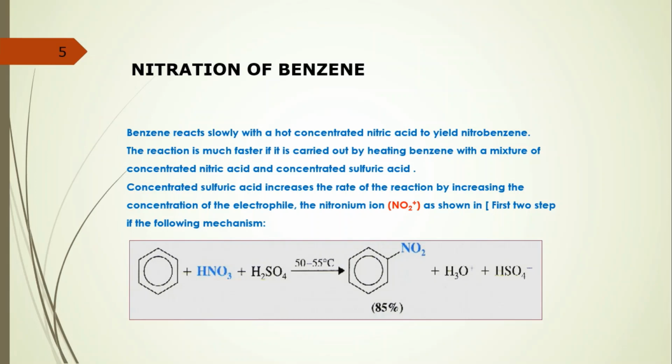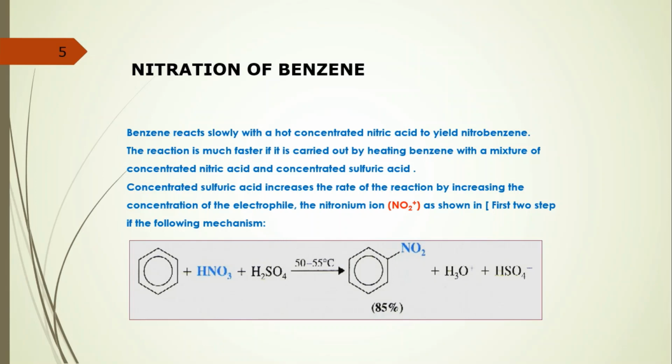But if you use high temperature as well as the mixture of nitric acid with sulfuric acid, then the rate of the reaction will be very high, because there will be a high degree of formation of the nitronium ion, which is the single electrophile producing this reaction.